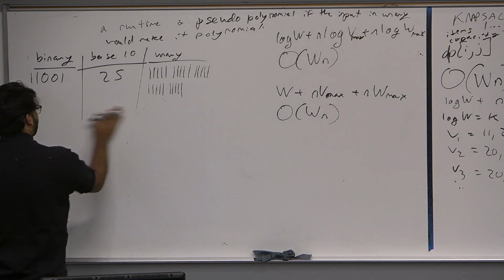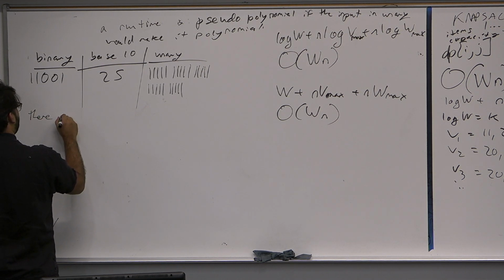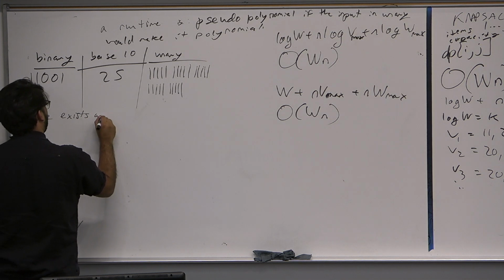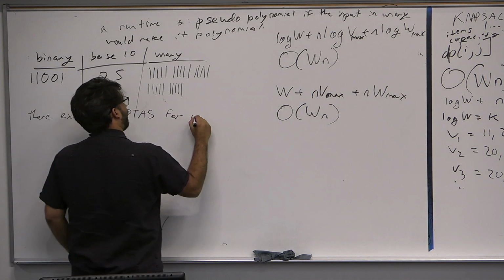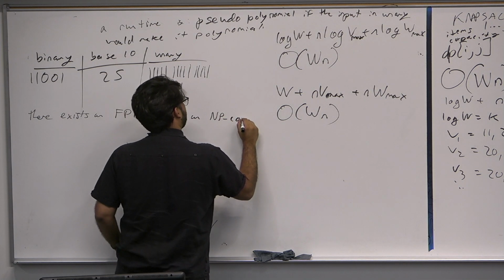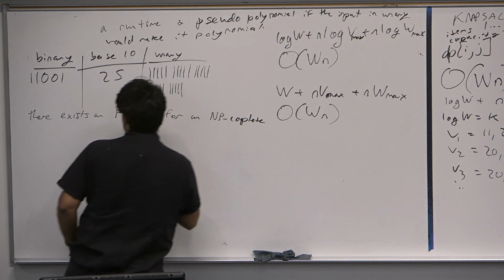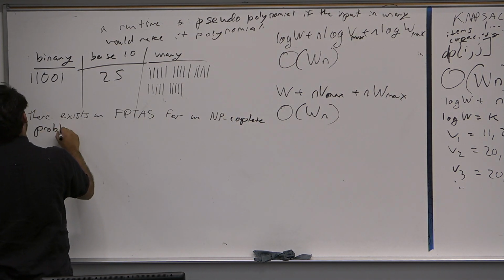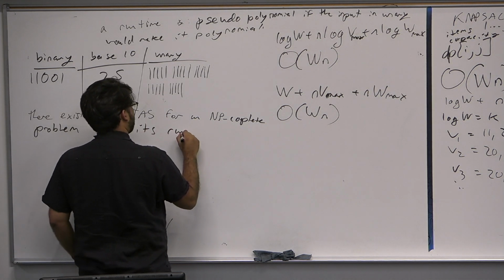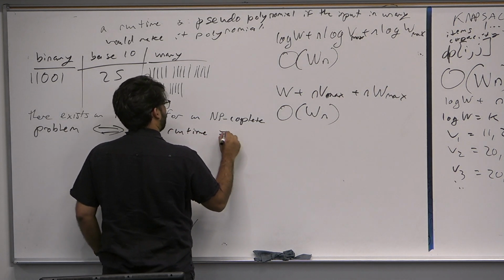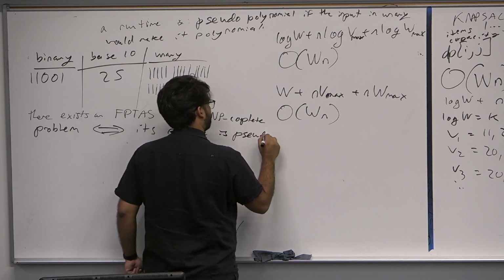The answer is there exists an FPTAS for an NP-complete problem if and only if its runtime is pseudo-polynomial.